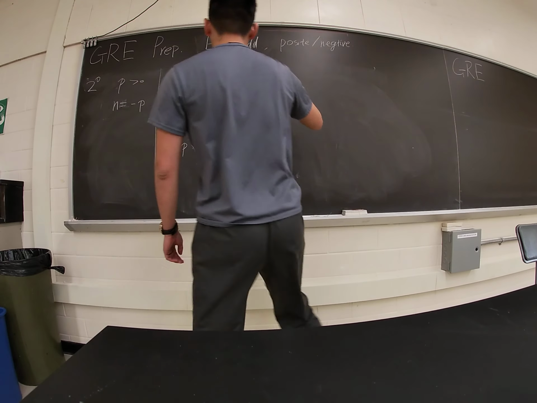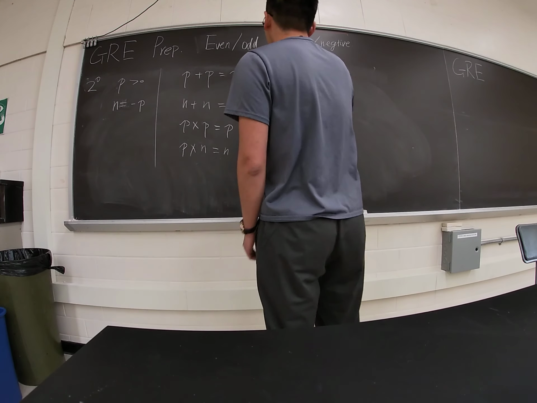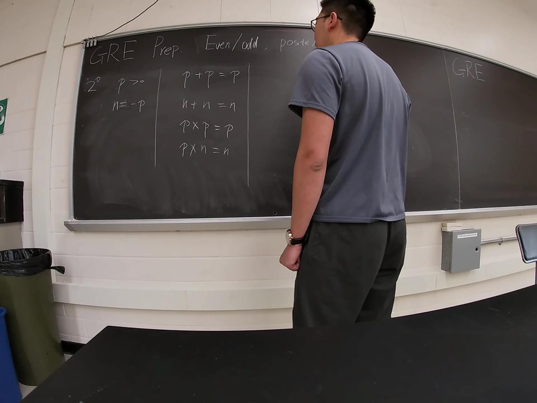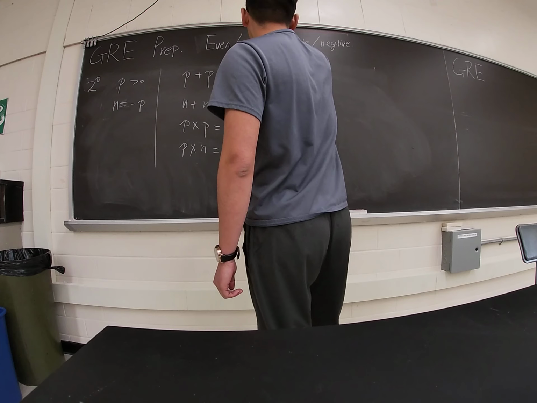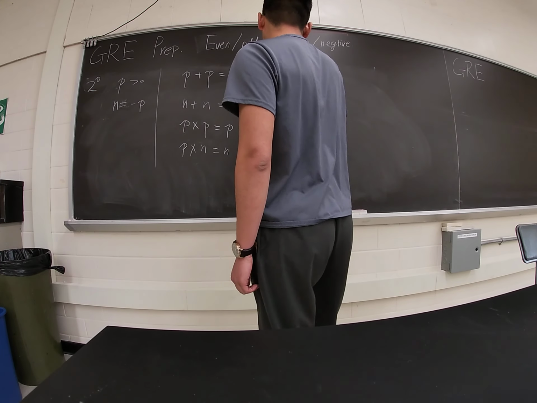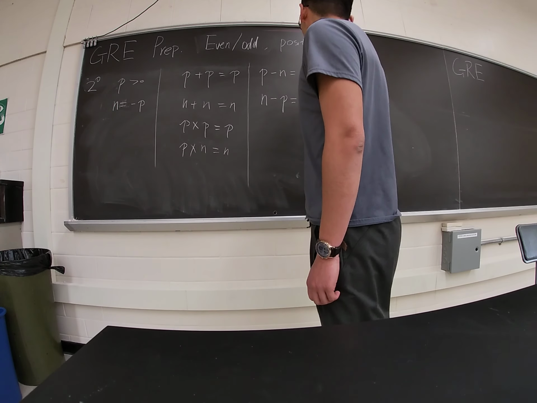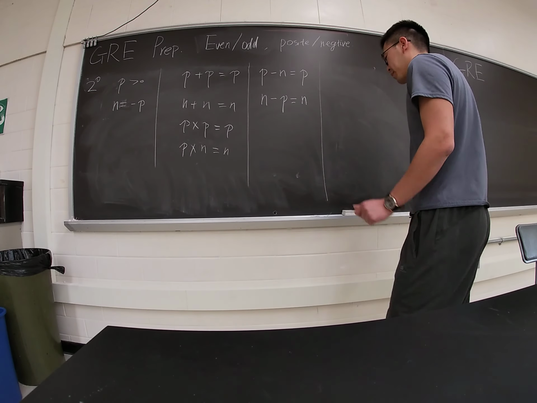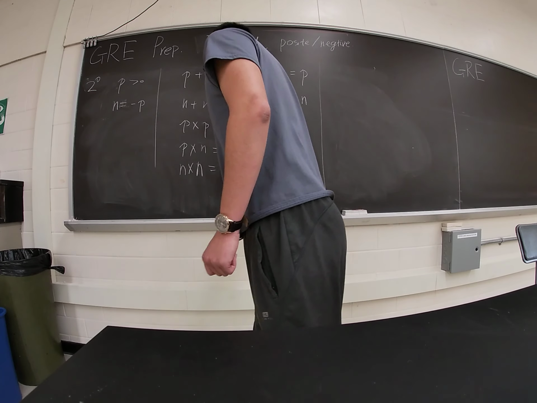Those are trivial ones, but some of them are tricky, and once you know them, it might increase your speed on the GRE. Positive minus negative is positive. Negative minus positive is negative. Those are the tricky ones. Another one: negative multiplied by negative is positive.